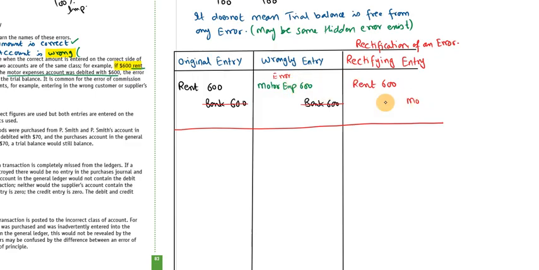This credit automatically eliminates the debit impact on the motor expense. So we credit the motor expense by 600. This is the rectifying entry: rent debit by 600 and motor expense credit by 600.